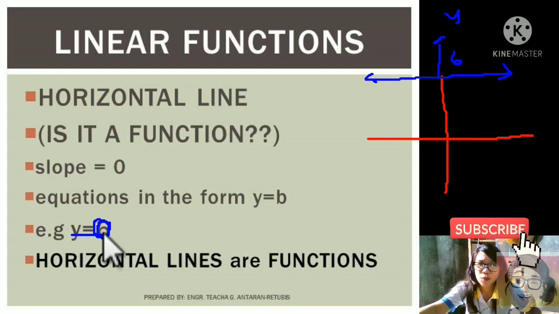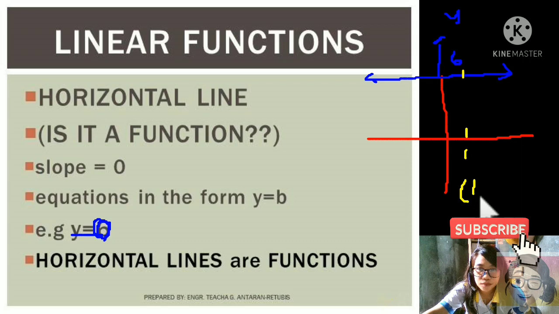Now if we pick one point here, for example this one here, let's say x is 1. What will be the value of y? If your x is 1, the value of your y is 6. Now what if your value of x is -3? What will be the value of your y? It will still be positive 6.